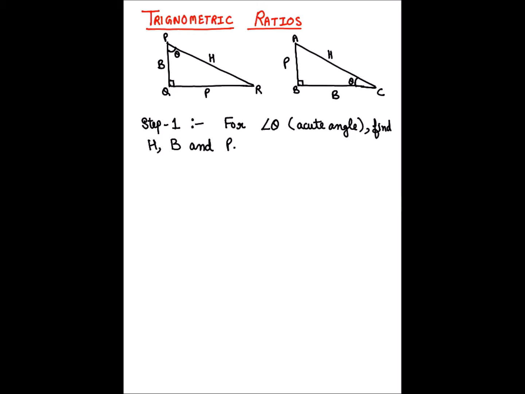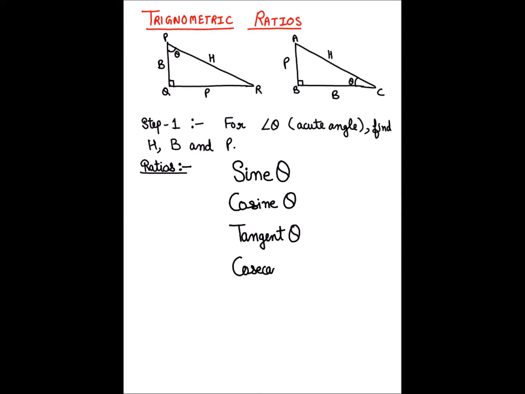Now let's move on to trigonometric ratios. What are trigonometric ratios? The ratios of any two sides of the triangle are called trigonometric ratios, and different names are given to different combinations of ratios. For example, sine theta, cosine theta, tangent theta, cosecant theta, secant theta, and cotangent theta.